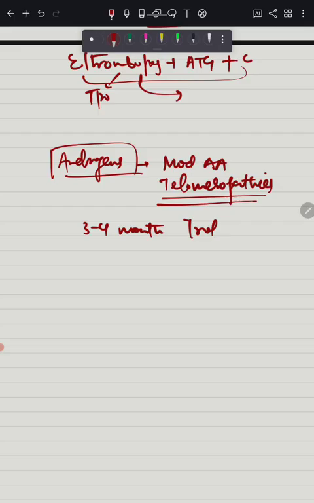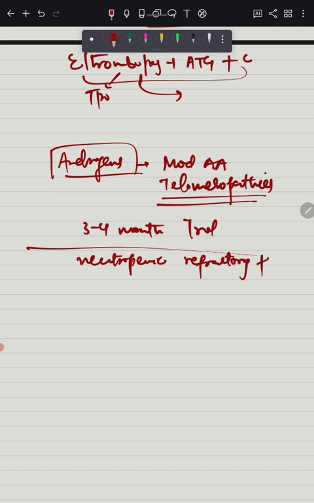Then there is the role of supportive treatment. You have to give empirical broad spectrum antibiotics with or without antifungals for infection control, and you have to do source control and granulocyte transfusions in case of neutropenic refractory fever.